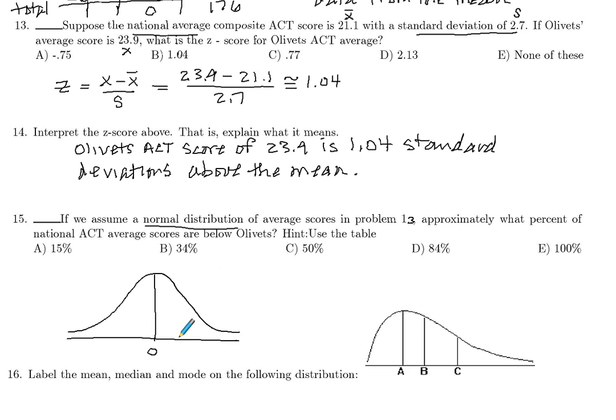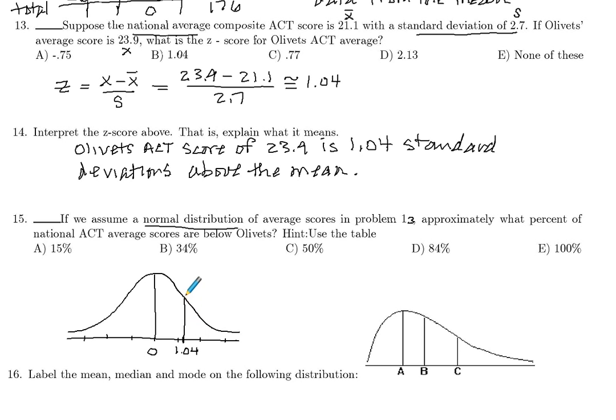So remember that the z-scores range from 1, 2, 3 above to 1, 2, 3 below, and that contains virtually 100% of the data within 3 standard deviations below to 3 above. So a z-score of 1.04 is just past 1 standard deviation above. So this would be a z-score of 1.04, about right in there.